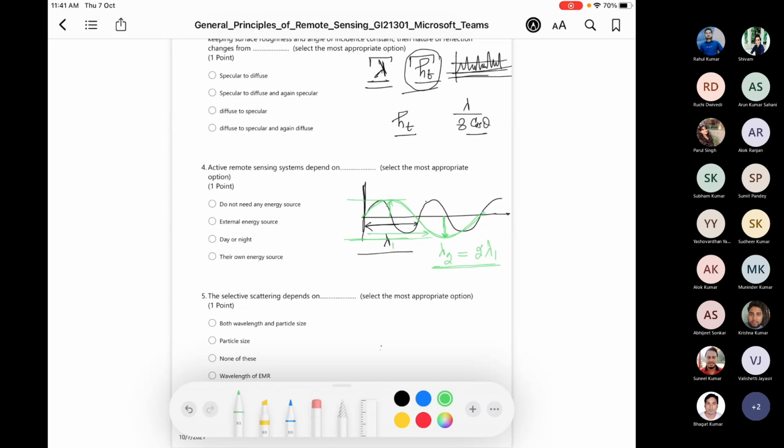This change with respect to time is slow. So even at a larger h, specular reflection will be there. If h is less than the wavelength, this is the condition, and when it is satisfied at the interaction point, then specular reflection takes place.